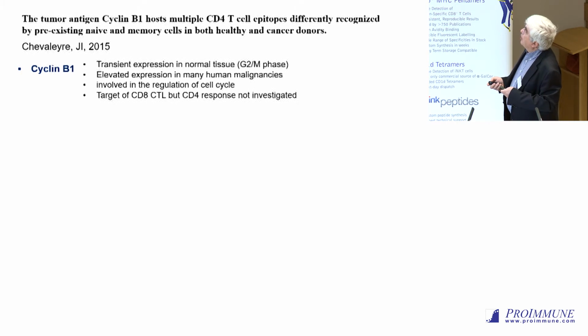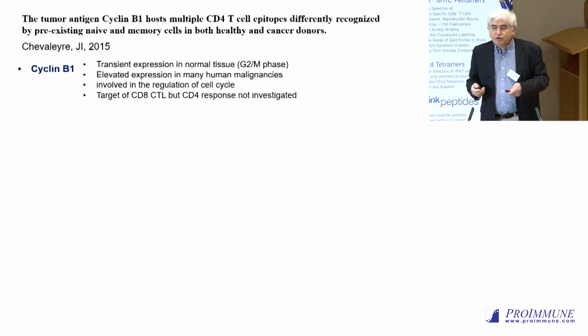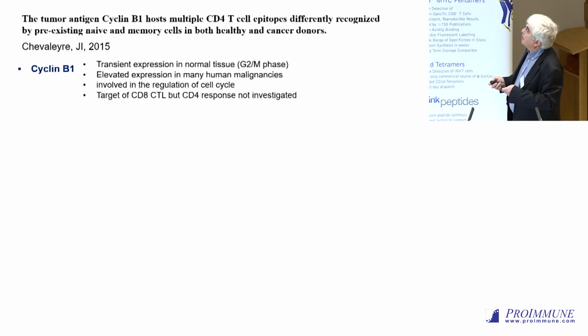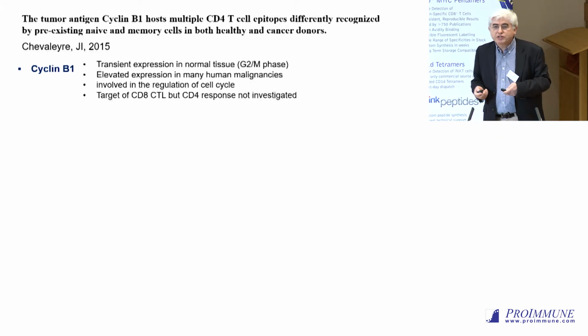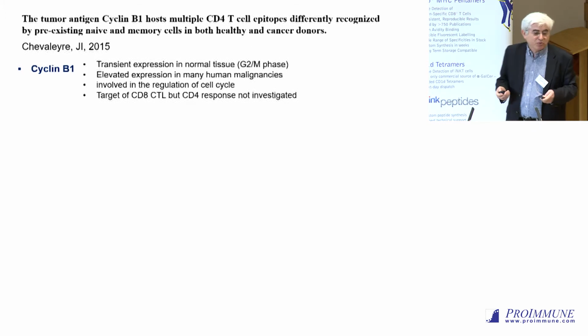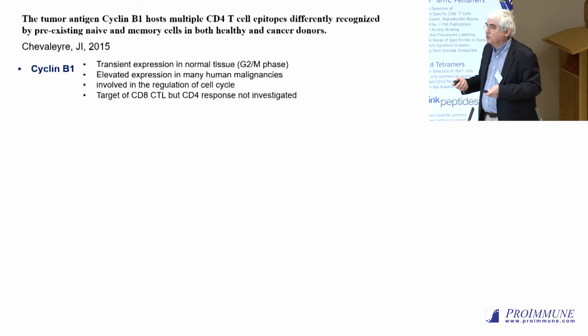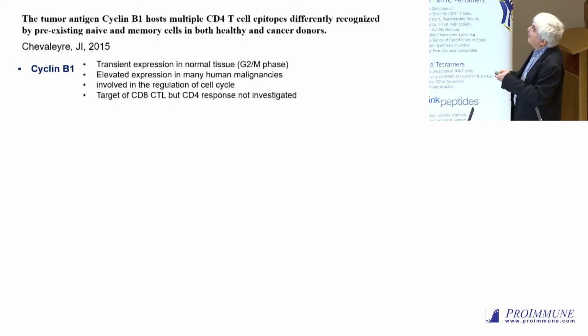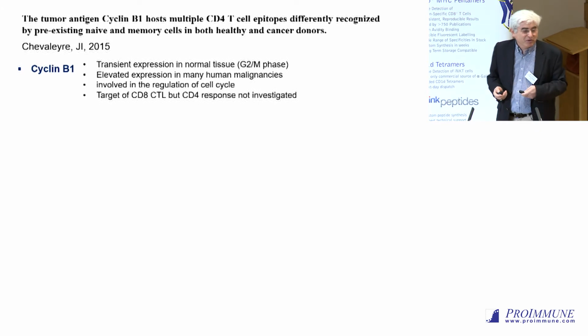So I would say I have a sort of opportunistic behavior, because sometimes I notice that one target has been already investigated for the CD8, but not for the CD4. And as we are very good at the CD4, but not really for the CD8, I am very interested by this kind of target.